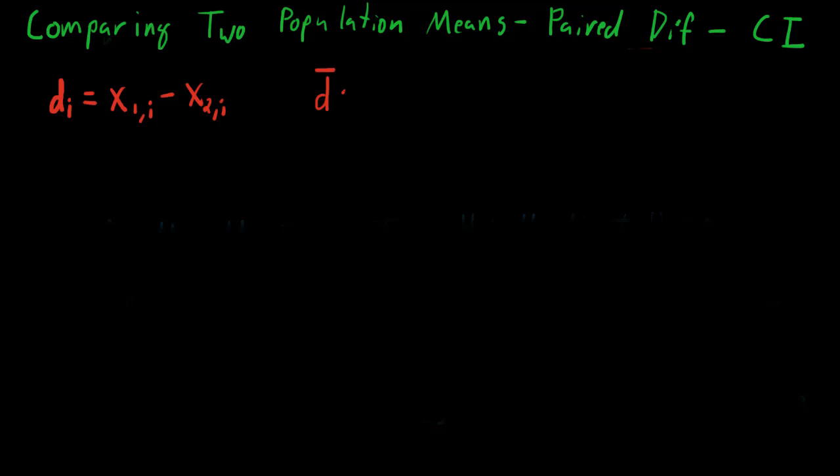And d bar is going to be defined to be the sample mean of the differences. So we're going to use this as our new value to create test statistics and perform hypothesis tests. We're also going to need s sub d, which is just the sample standard deviation for our differences.